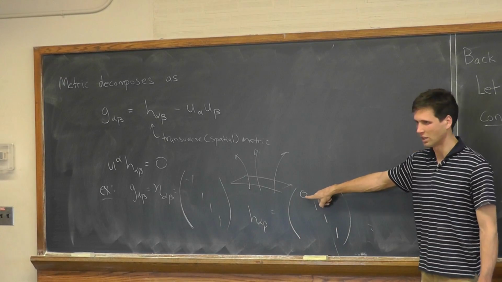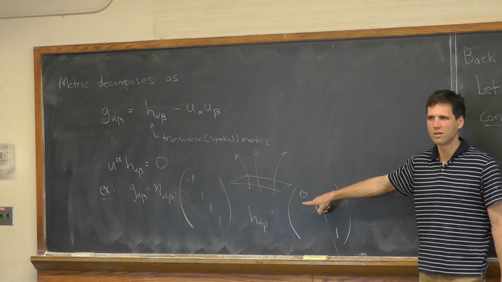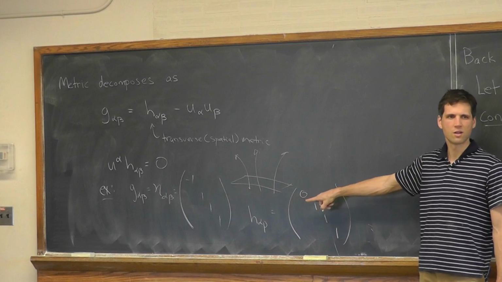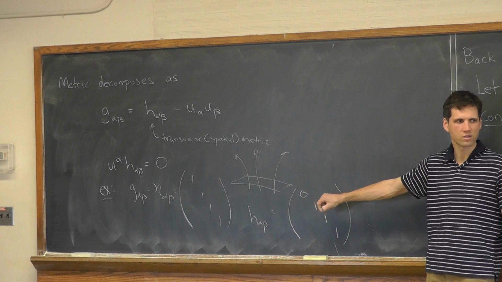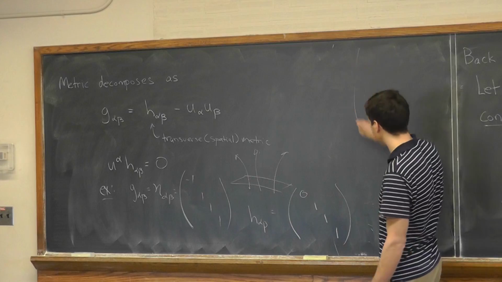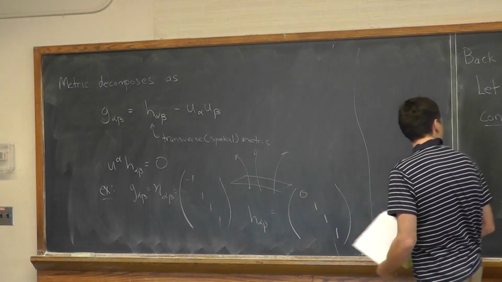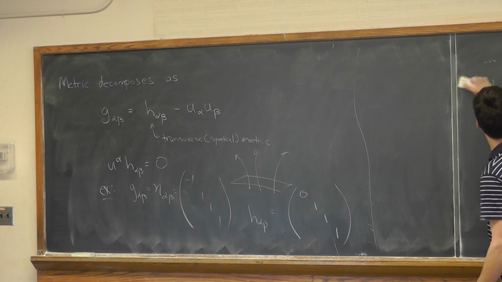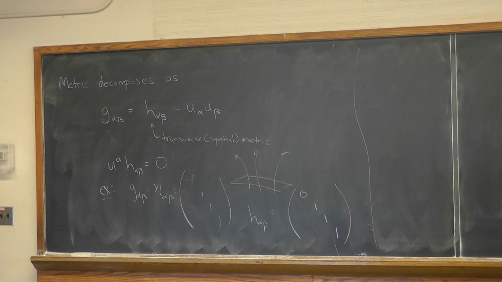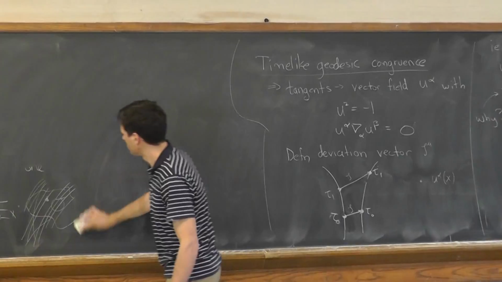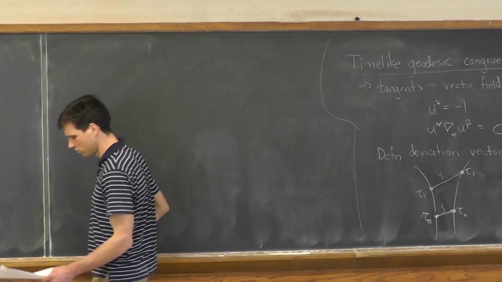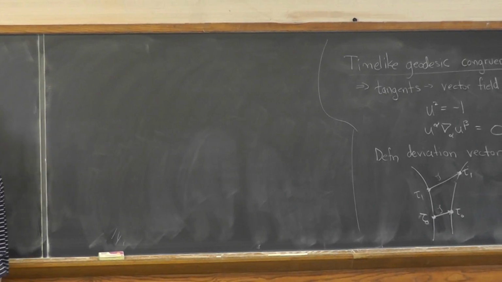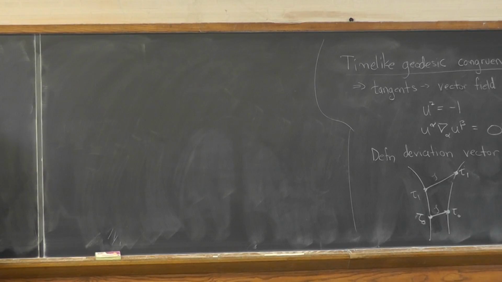That is, it just deletes off the time piece of your metric tensor. It's effectively three-dimensional, but it's still a four-dimensional tensor.